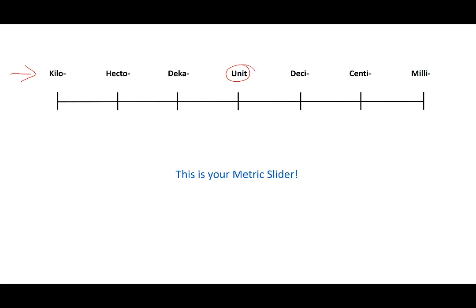So the unit could be meters, grams, or liters for volume. And then we continue with the prefixes over here. These prefixes have short notations, and you really need to memorize these and get them down. And then a little trick to remember what order they go in is this: King Henry died unexpectedly drinking chocolate milk.